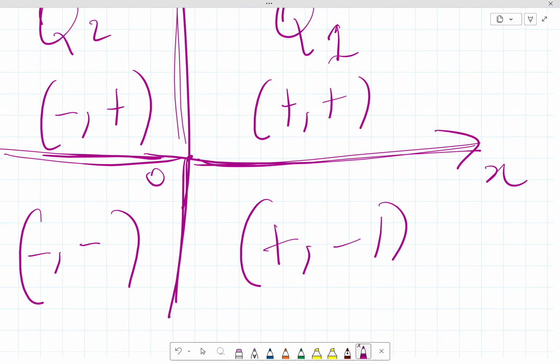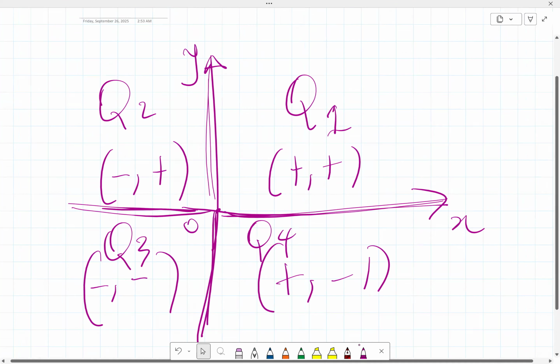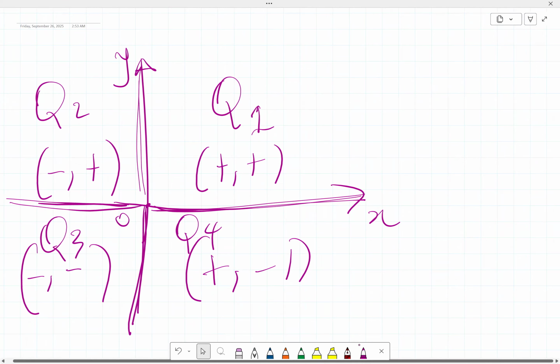So this is the positive x-axis and the negative y-axis. So these are the four quadrants. This is quadrant 3 now, and this is quadrant 4. So these are the four quadrants we have as far as this is concerned.